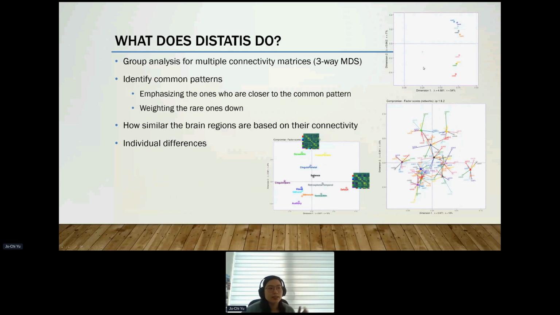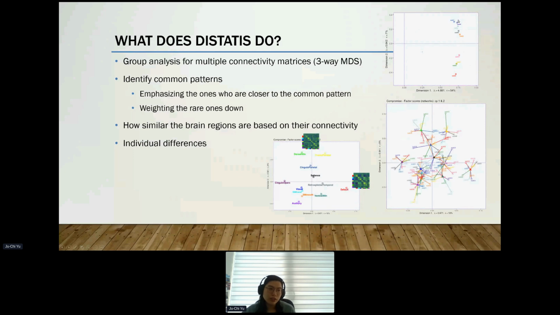If I have 9 tables, I have a 9 by 9 RV matrix, and an eigendecomposition on that is included in DiSTATIS, and that would also give you a map of how similar these participants are.